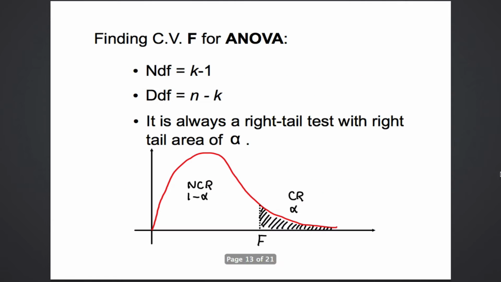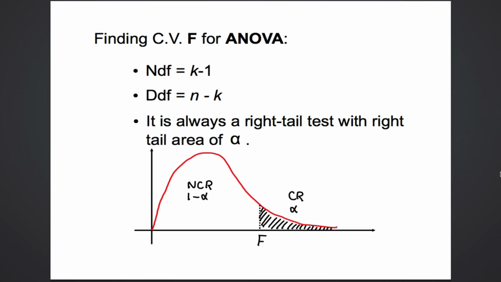When you're finding the critical value F for ANOVA, the numerator degrees of freedom is K minus 1, where K is the number of different samples that we have. So if we have 4 samples, the numerator degrees of freedom would be 3. The denominator degrees of freedom is N minus K, where N is the total sample size.